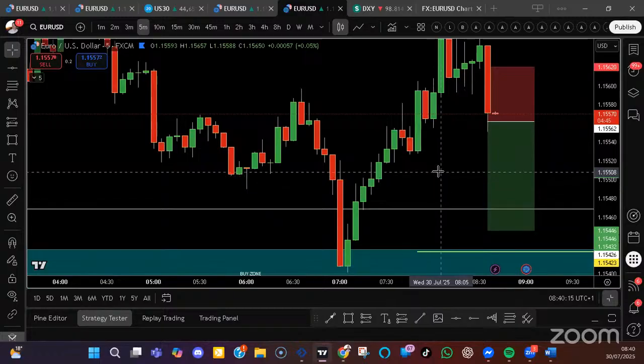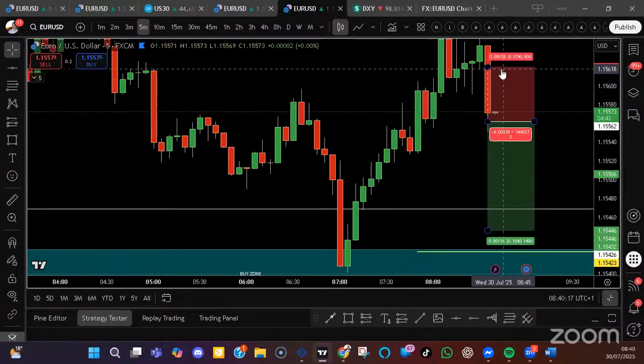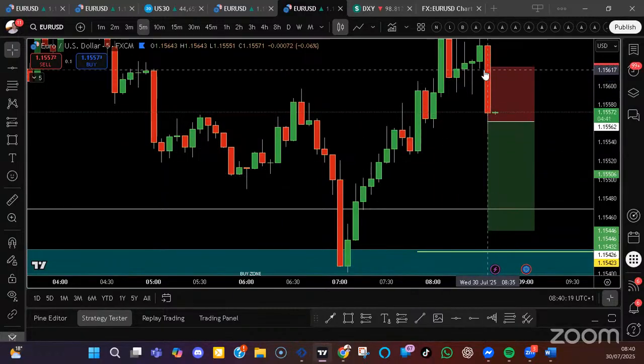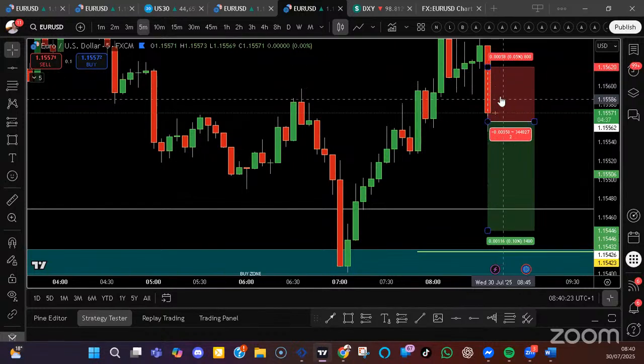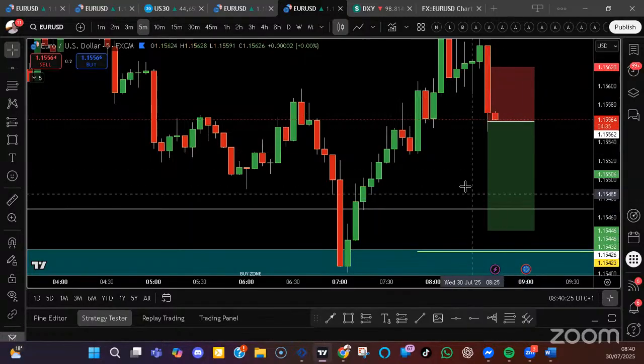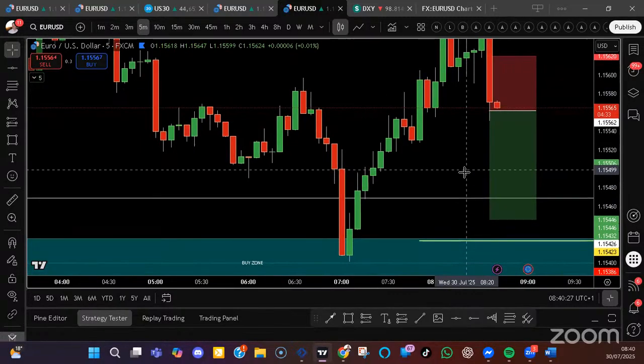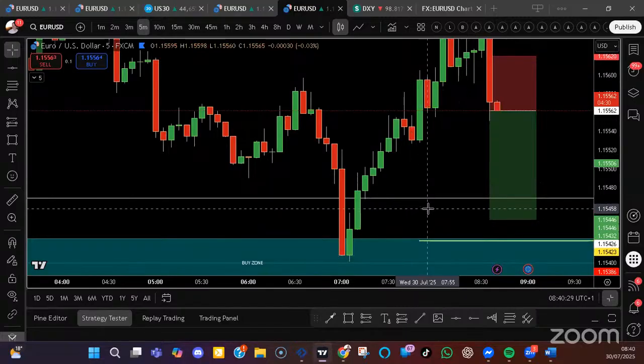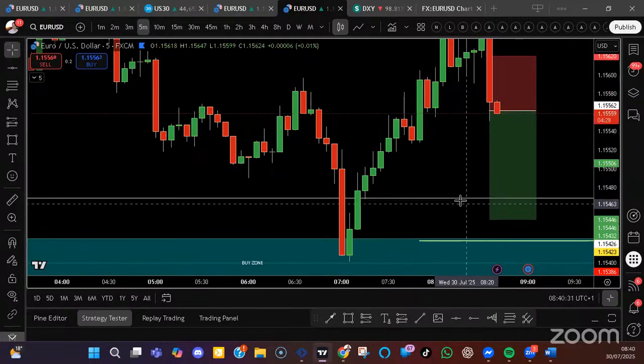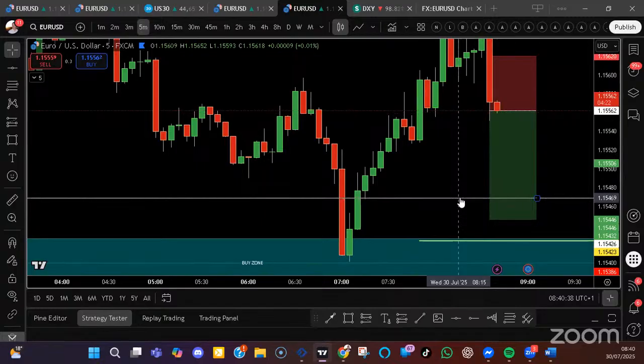But at the same time, I'm also aware that where our stop loss is, we have just imbalance here as well that needs to be filled. So this is the scenario we have with our trade. So I'm going to mark this area here, 1.15469.